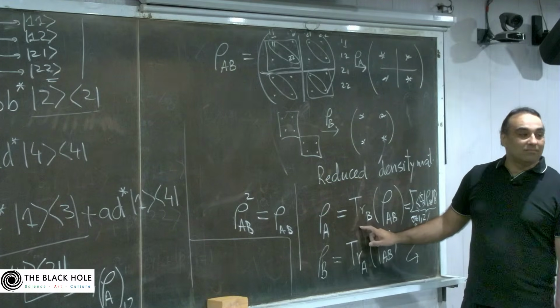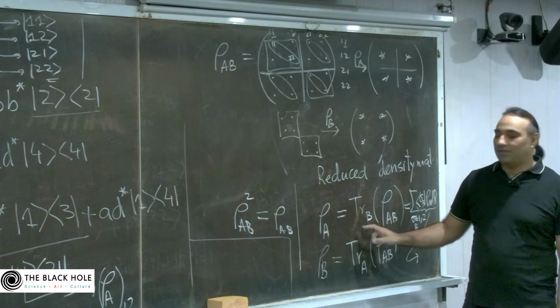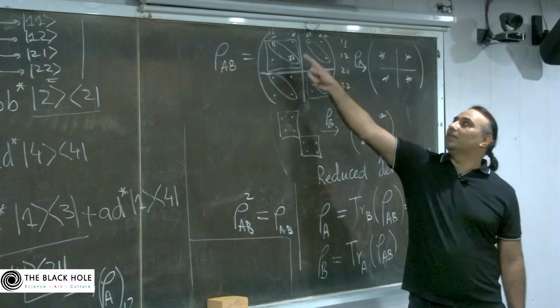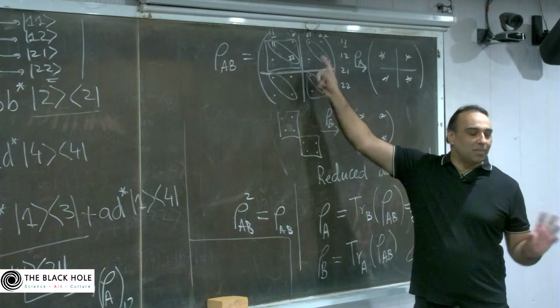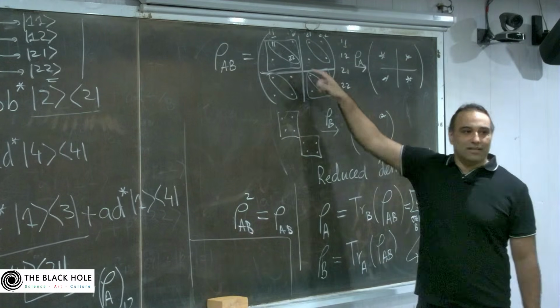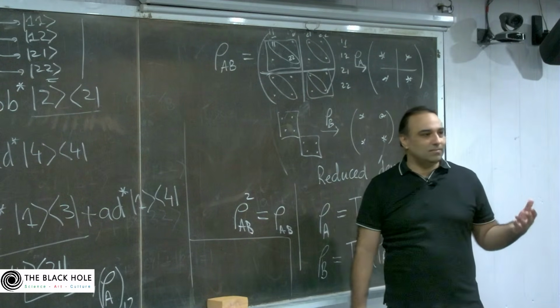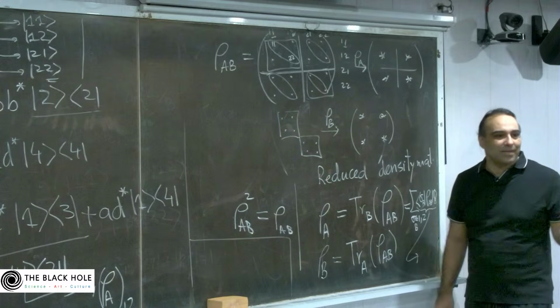And if you would like to take the partial trace over B, then you have to take all 4 blocks and sum their diagonal elements as usual, just like a simple trace.